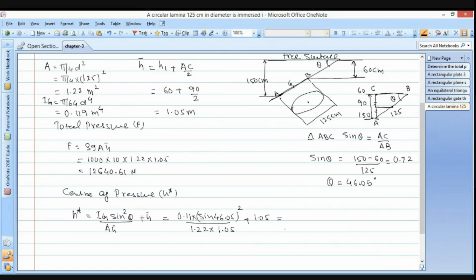So finally we get the answer for h star, the height of the center of pressure, that is 1.098 meter. So this is our final answer.